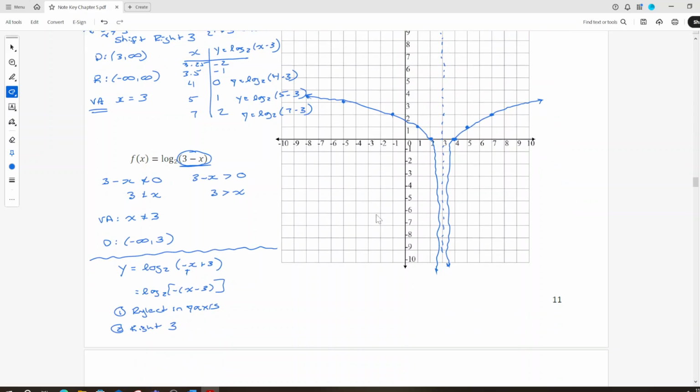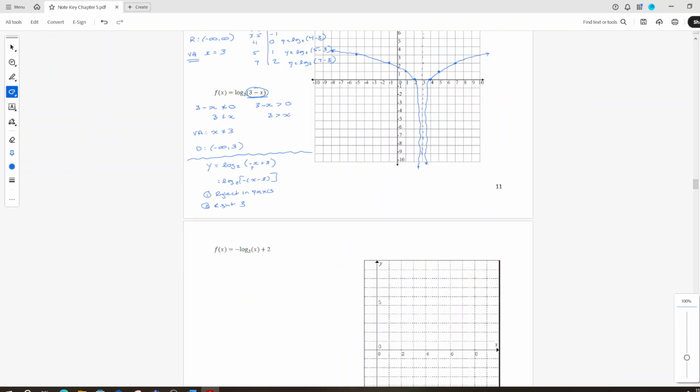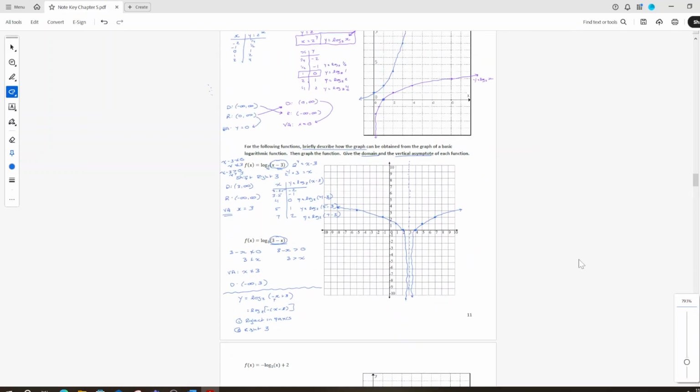If you wanted to do a table of values for this one, you totally could. What I would probably do is go back to the point system. Do you remember way back when we first learned how to transform graphs? So I would take my points at (1/4, -2), (1/2, -1), (1, 0), (2, 1), and (4, 2).